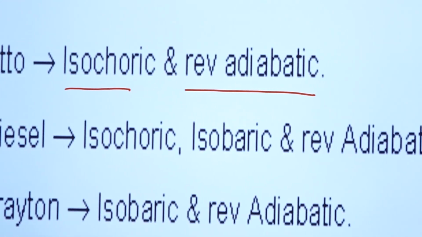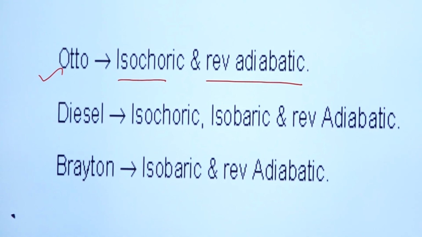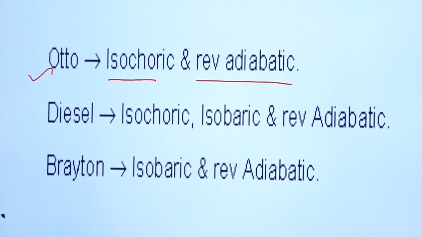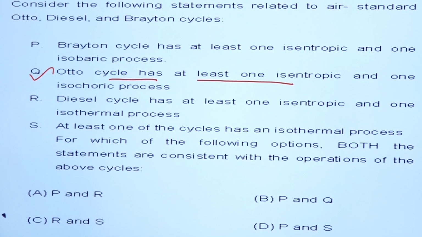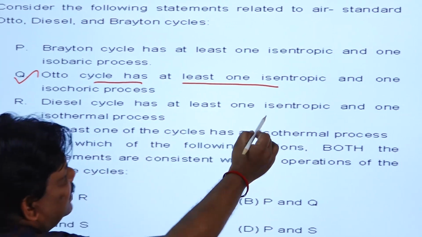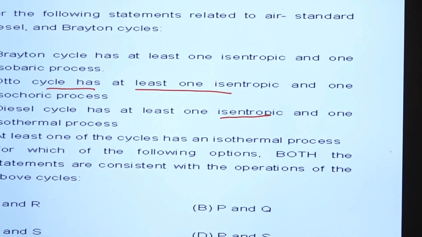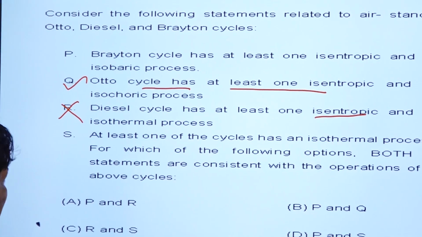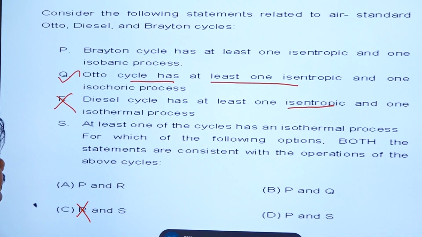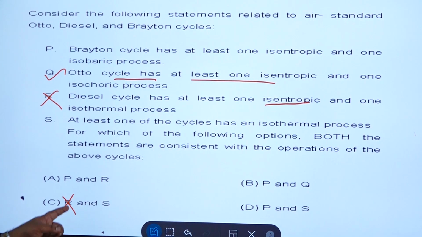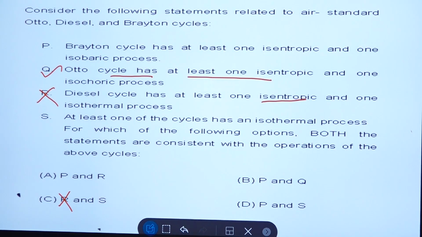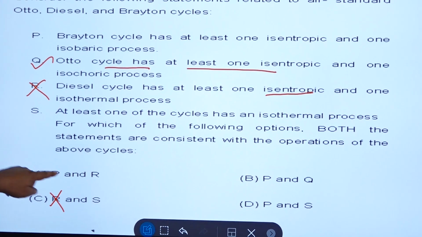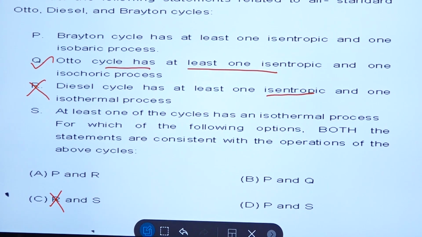And a diesel cycle has isochoric, isobaric and adiabatic. The diesel cycle has reversible adiabatic, isochoric and isobaric. So this is wrong. So wherever R comes, you will not get the answer. So R is wrong. So P is there. In all the other cases you can see P.